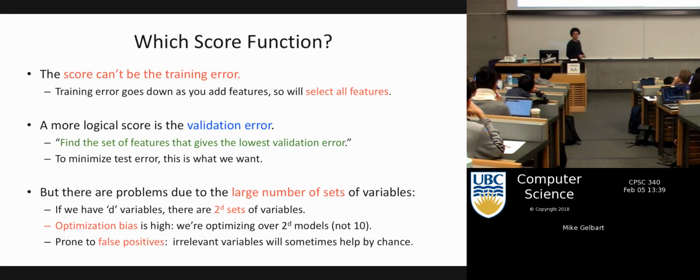Edwin asks, when we use validation error as a measure of goodness, how many features do we use to train the model? So the whole idea here is that I'm comparing different possible subsets of features. For example, I just want to know how good is keeping feature 1 and 2 and throwing away feature 3.